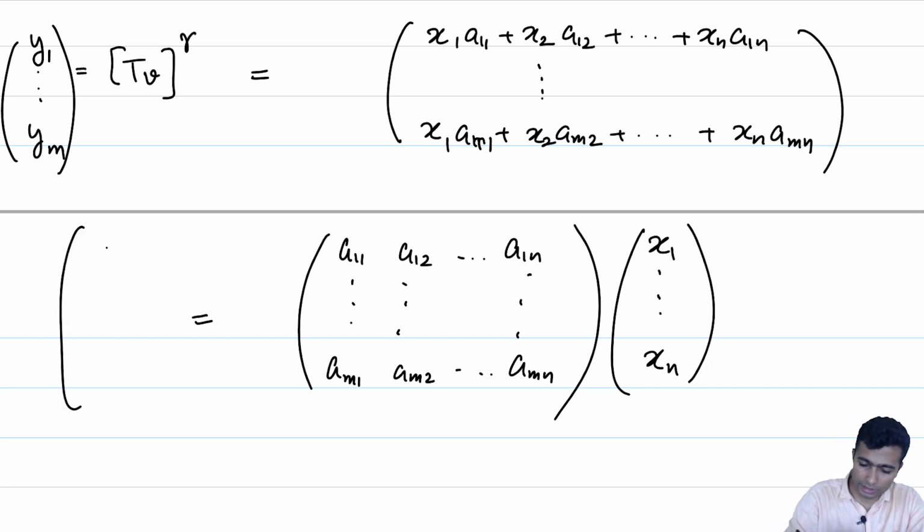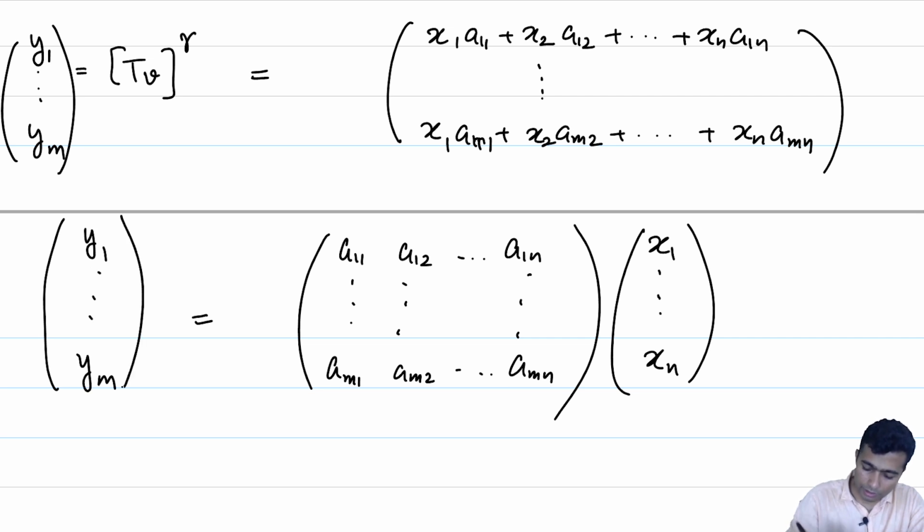So, this is exactly how the coordinate vector of TV corresponding to gamma and the coordinate vector of V corresponding to beta are related. It is related by a matrix multiplication.